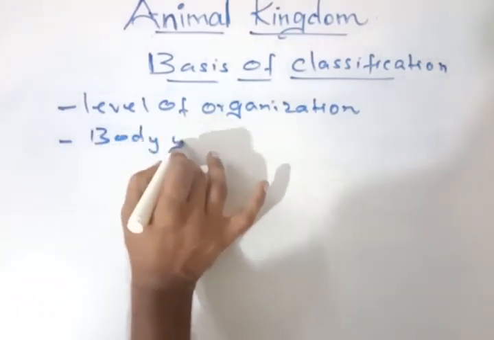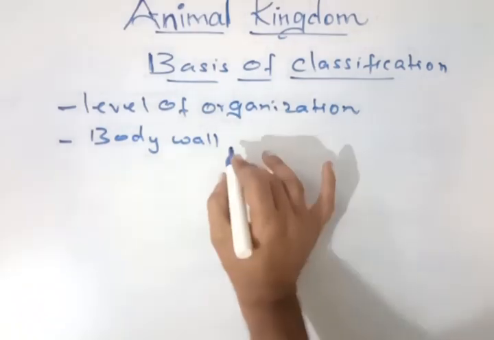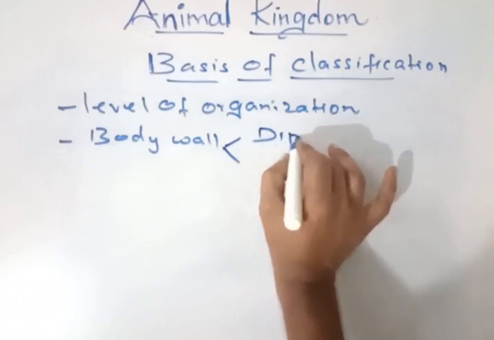Body wall means what we develop in the embryonic stage. In the embryonic stage, either the organism has two layers, and those are called diploblastic animals.